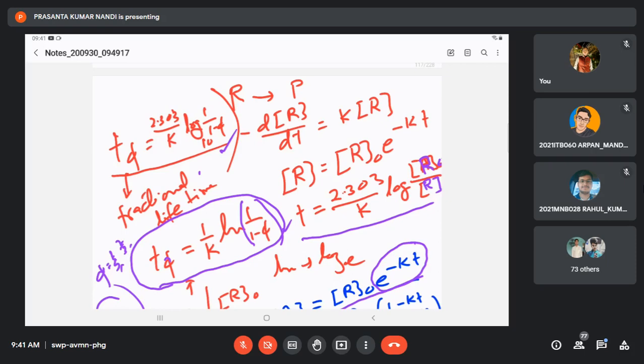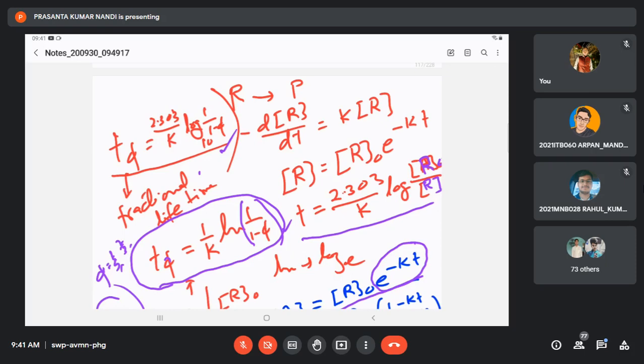So for the fractional lifetime t phi, phi may be half, say 2/3, 1/3, like that, it can be represented as t phi equal to 1 upon k into log of 1 upon 1 minus phi.